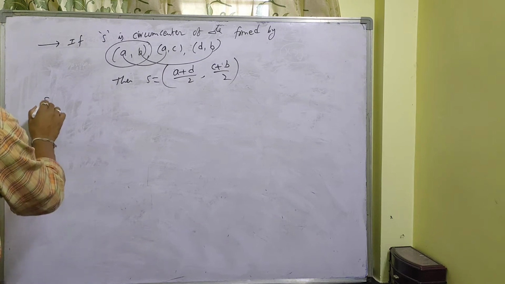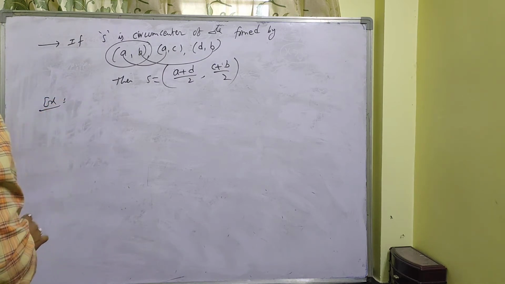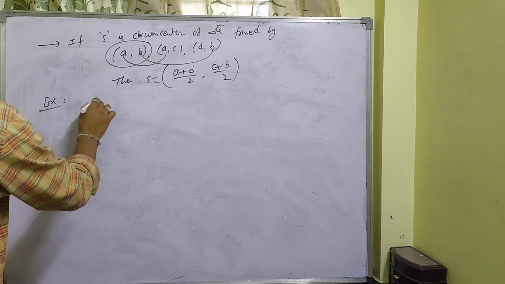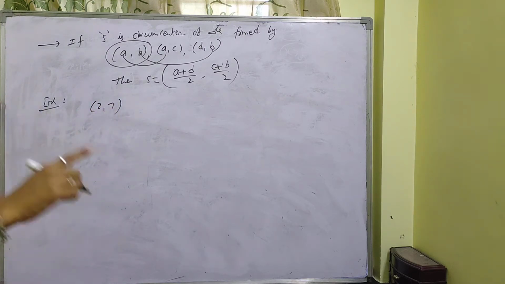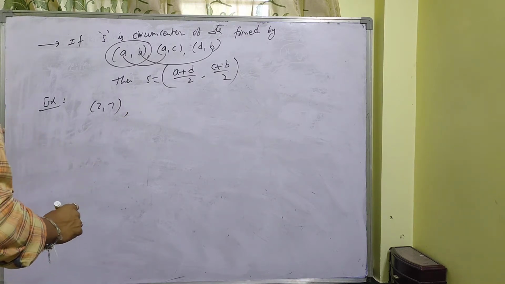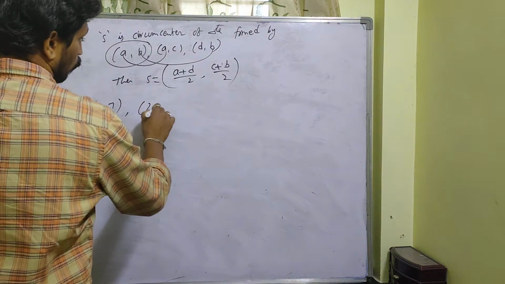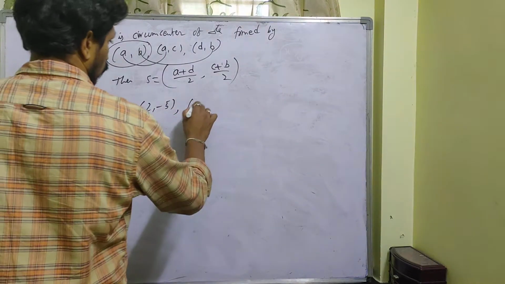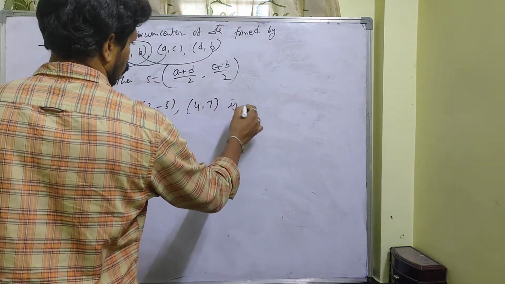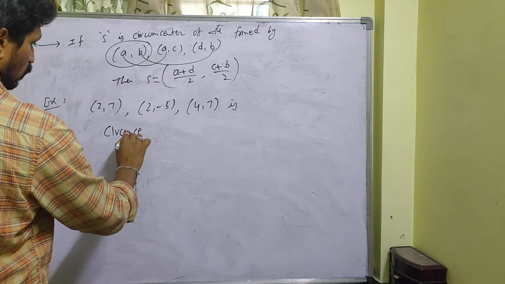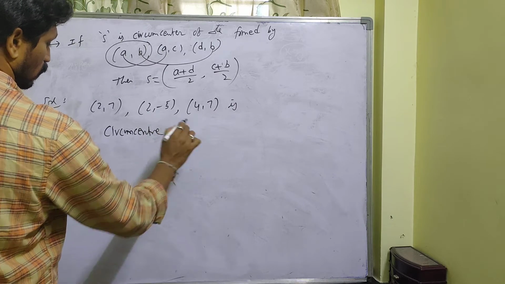You take one example here. The circumcenter of the triangle formed by the vertices (2, 7), (2, -5), (4, 7) is equal to.